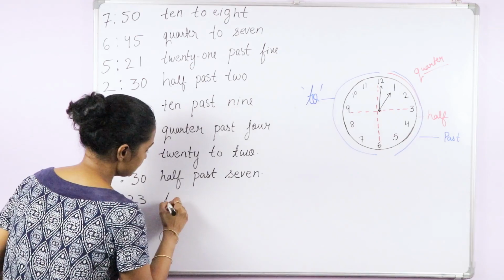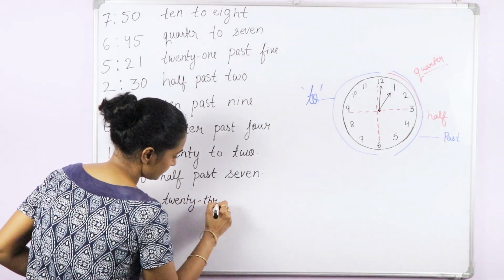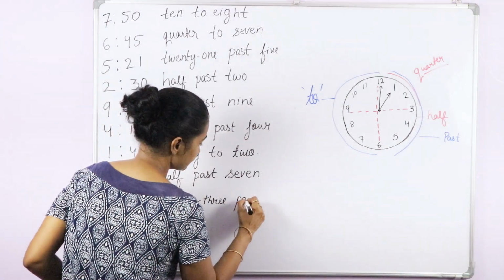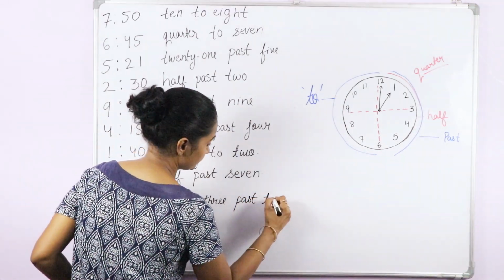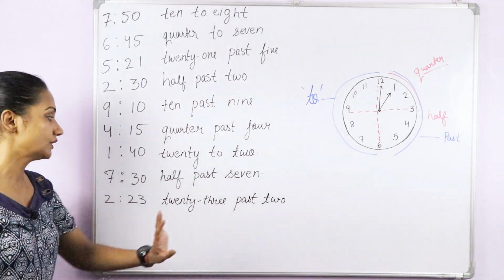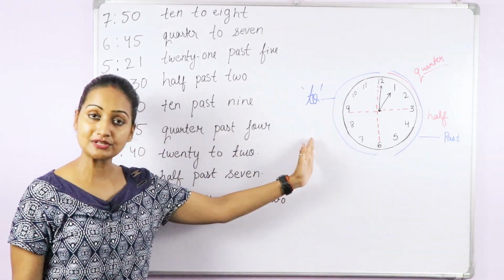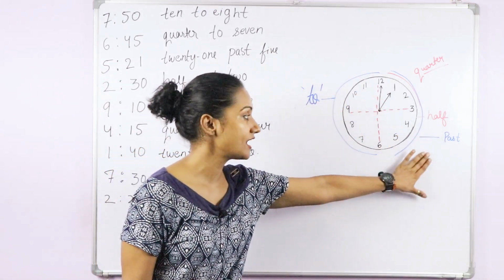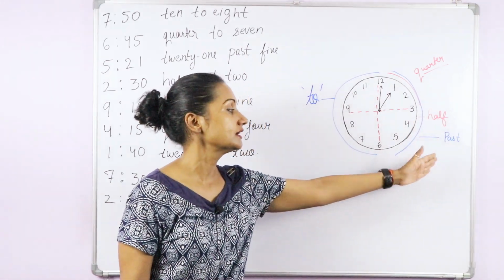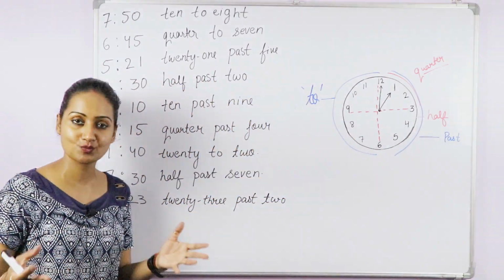So 23 past 2. Okay, 23 past 2. So this way, if it is in this half, you will use 'to'. If it is in this half, you will use 'past'. And this way, you are going to use these time expressions.